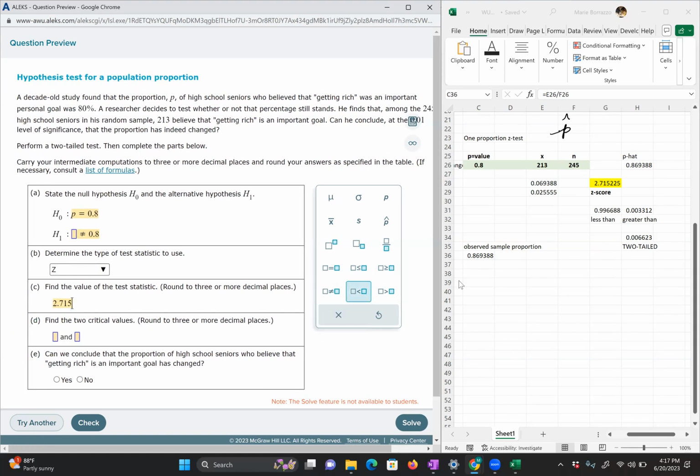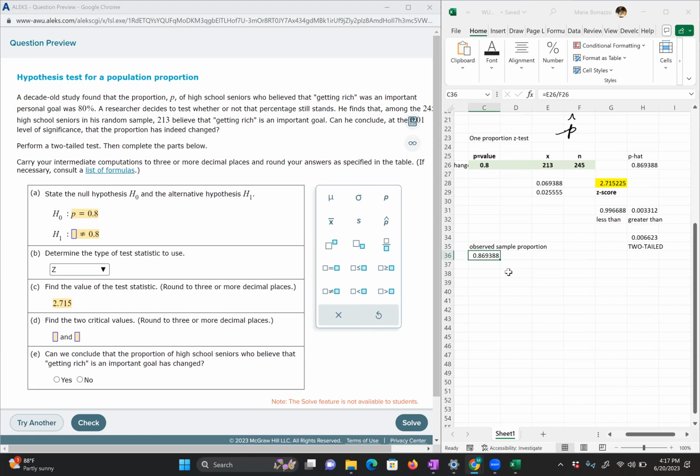Since we're looking at 0.01, you want a critical value of 0.05 really, because it's two-tailed. So alpha is given to us as 0.01 for two-tailed, and we're going to go with equals that divided by 2, which is 0.05.